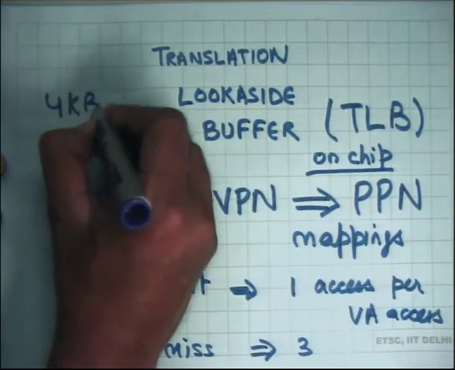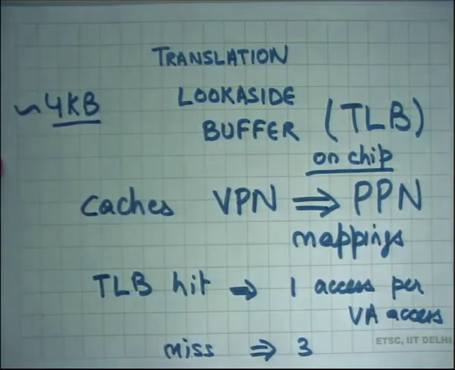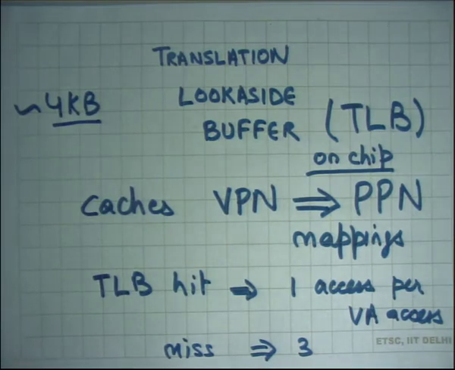If each TLB entry requires 8 bytes, a 4 kilobyte TLB can cache 512 VPN to PPN mappings.